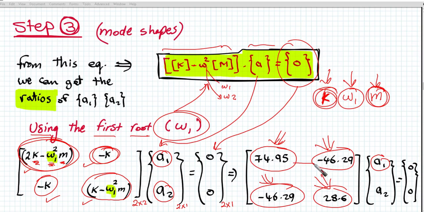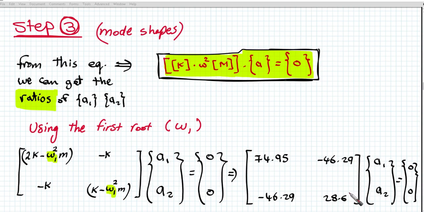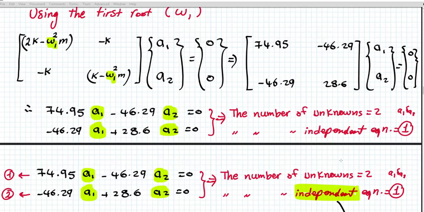Then we're going to use these to obtain the equations. So we multiply 74.9 times A1 minus 46.29 times A2, and it equals 0. Similarly for the second row, minus 46.29 times A1 plus 28.6 times A2 equal to 0. These are two equations, and let's see how it will work for us.